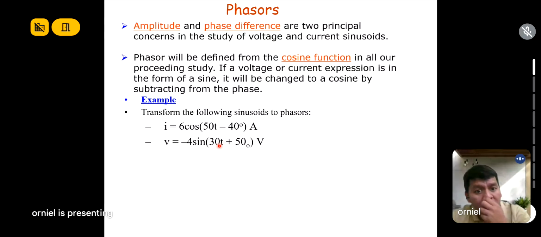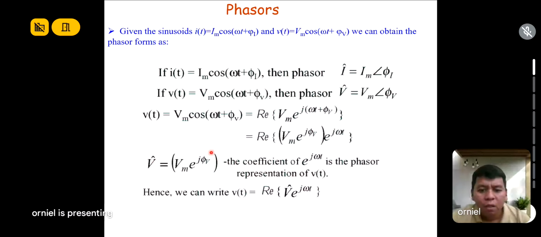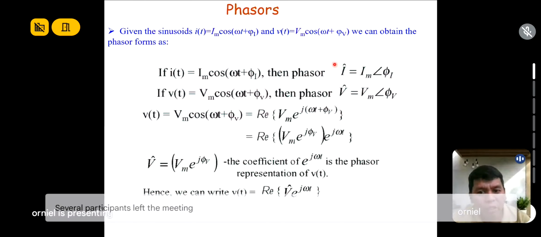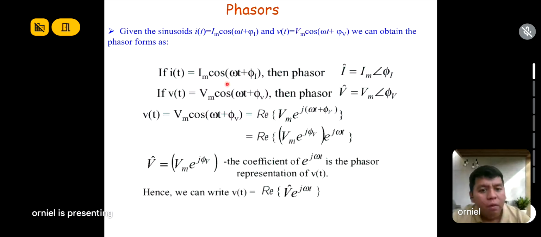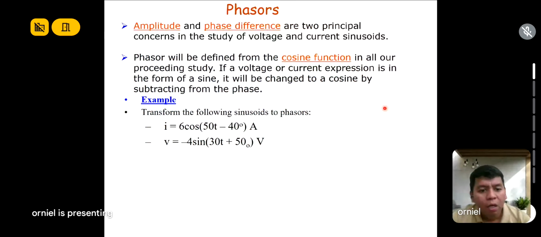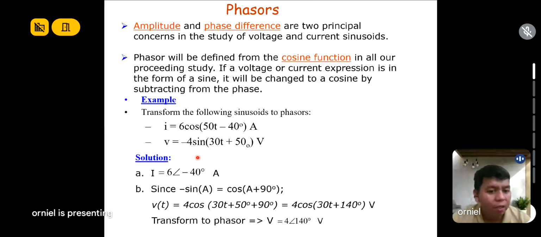How do we convert these into the phasor domain? The current in time domain is converted into phasor, capital I or I hat. The voltage becomes V hat or capital V. Now, how do we convert that? Basically, this is how it's done.